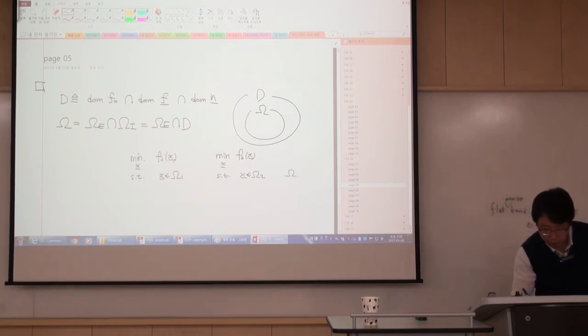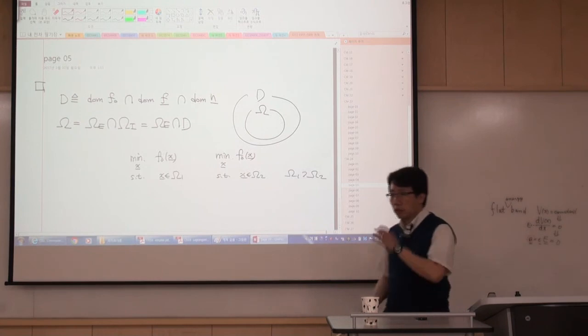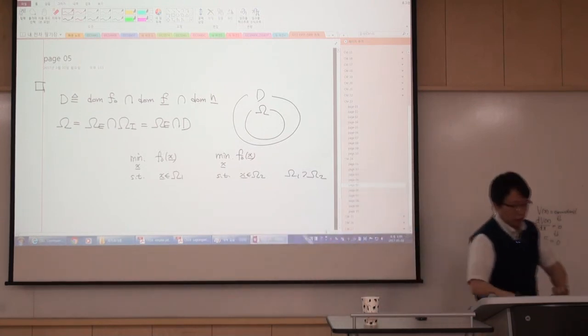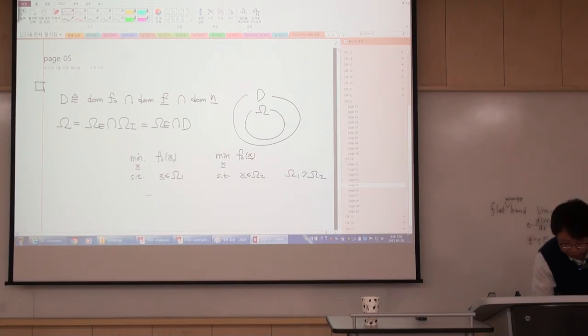And omega 1 is a subset of omega 2. What happens? Here, our constraint set is implicit intersected with omega 1, and our other constraint set is implicit intersected with omega 2.